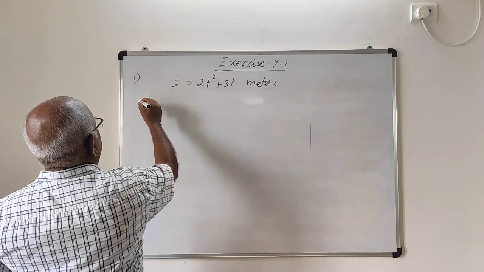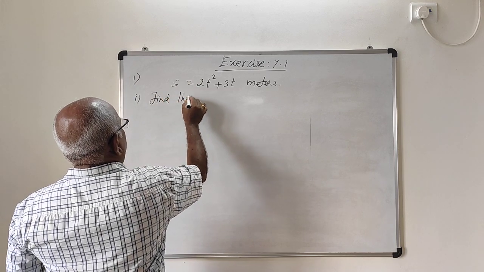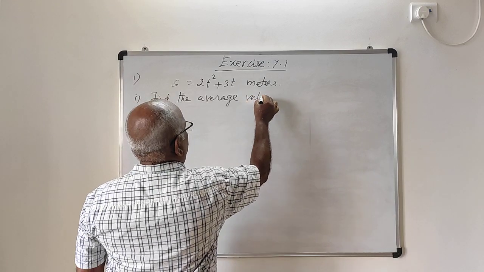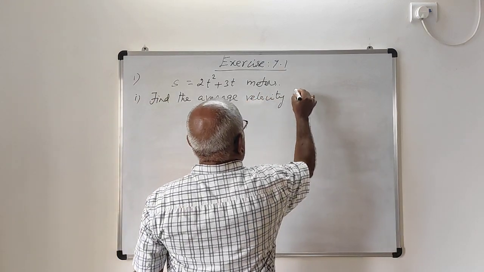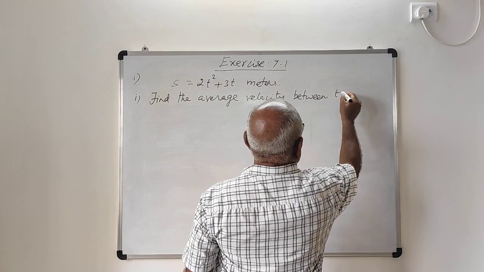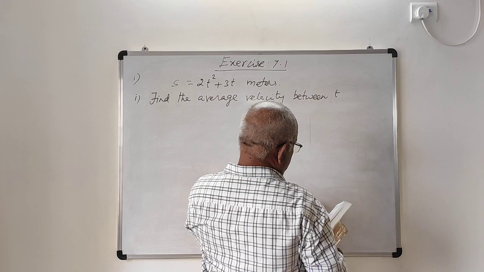First question: find the average velocity between t equal to 3 and t equal to 6 seconds.